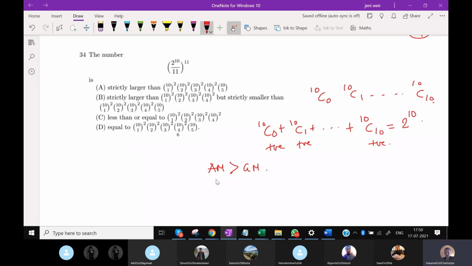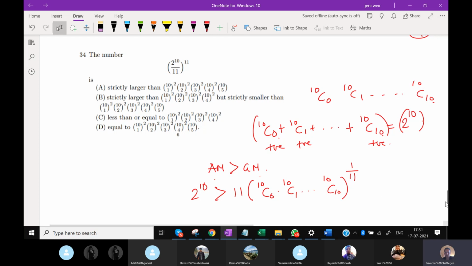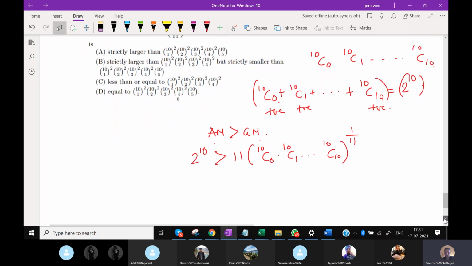So this sum, which is equal to 2 to the power 10, has to be greater than 11 times the product of 10C0 into 10C1, etc., up to 10C10 to the power 1 upon 11. The 11th root of the product of 11 numbers, since there are 11 numbers from 0 to 10.